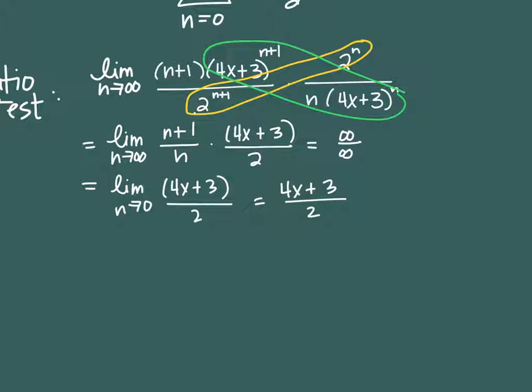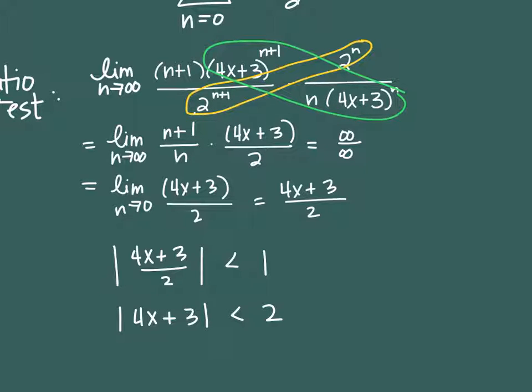All right, in order to guarantee the convergence of this interval, I need to establish that the absolute value of this algebraic result must be less than 1. In order to find the radius, I'm going to need to manipulate this so that the x coefficient is 1. So I'm going to multiply by 2. So I get absolute value of 4x plus 3 is less than 2. And then I'm going to divide everything by 4.